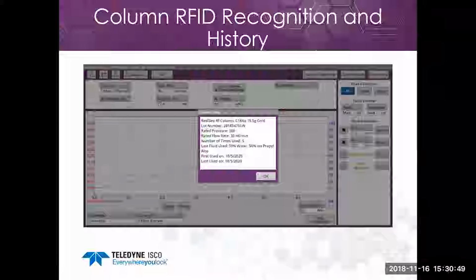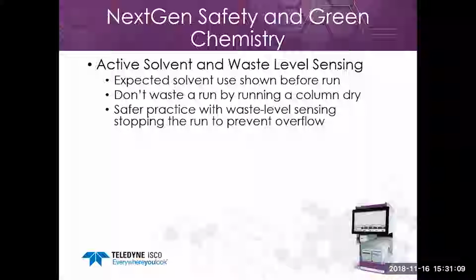Additionally, just to highlight some of the safer chemistry allowed by the NextGen, some of the safety features make for safer processes, so that contributes to green chemistry. We have our active solvent waste level sensing. One of the neat things that might be useful for you is it tells you how much solvent you expect to use before a run.